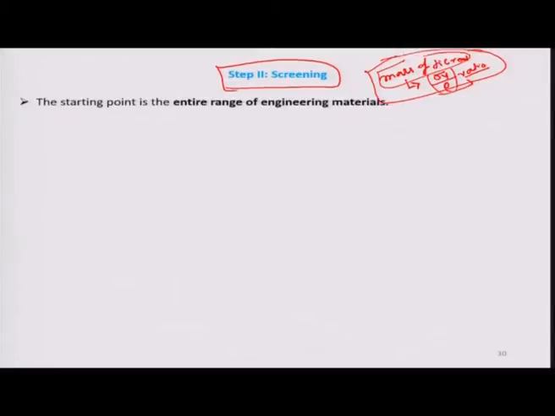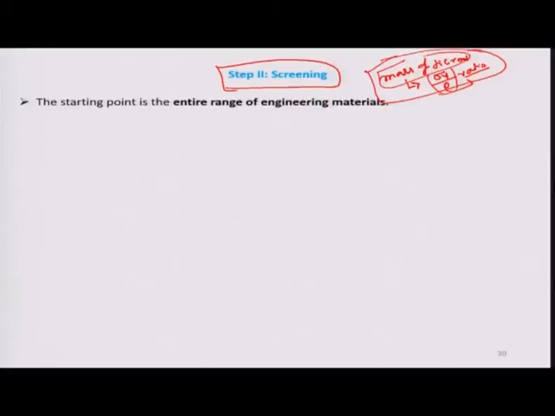Okay. Now, after getting this, we will have to screen the group of materials which can satisfy this requirement. Now, for screening, the starting point is the entire range of engineering materials.